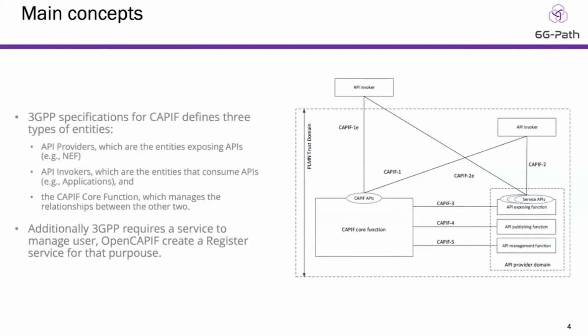The main concepts to keep in mind: the 3GPP specification defines three different entities. One is the API providers, those are the entities that expose and publish the APIs. The next one is the API invokers, which are the entities that consume the APIs. And the third one is the CAPIF core function, which is CAPIF itself, the main component.